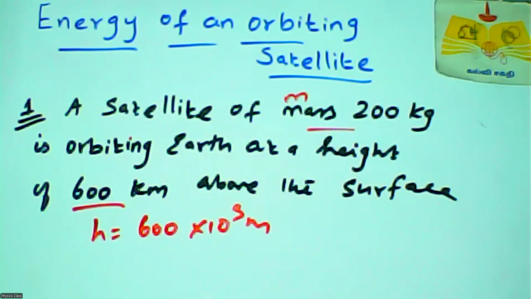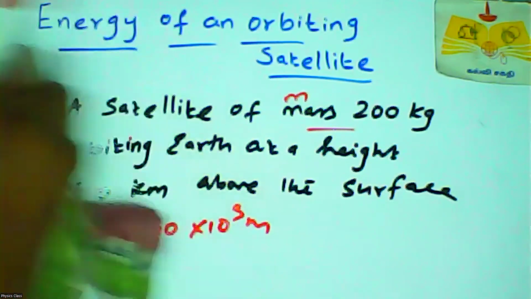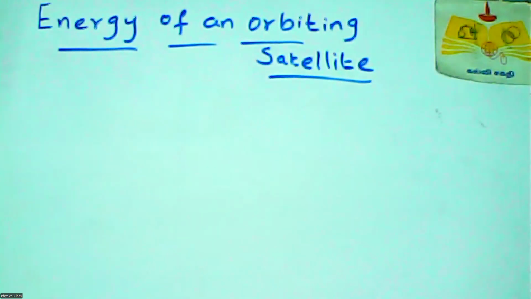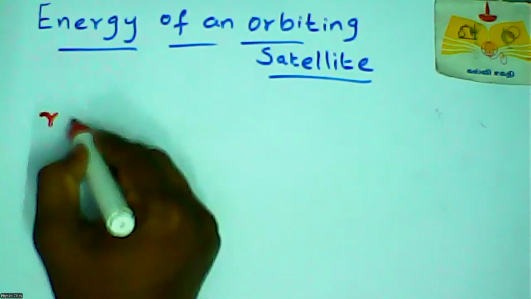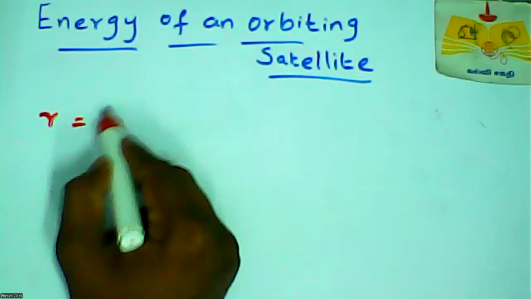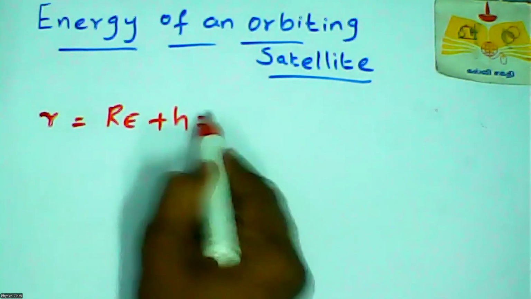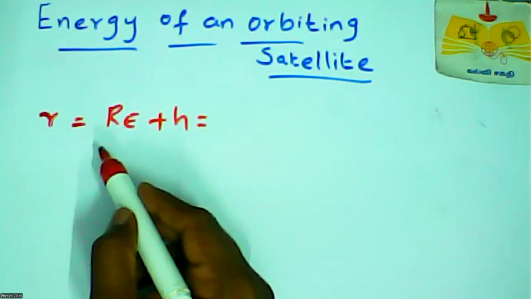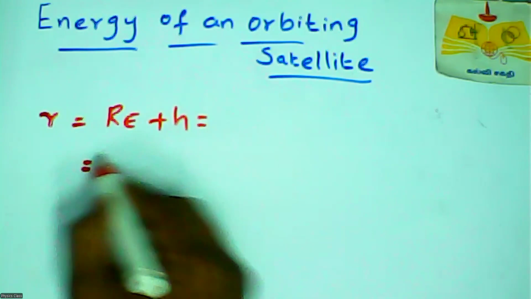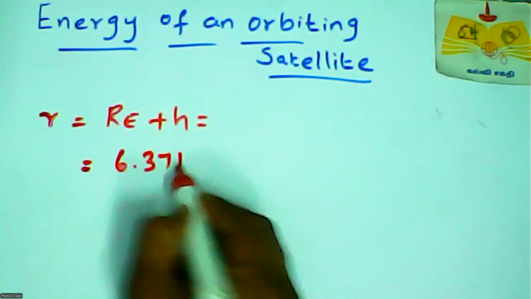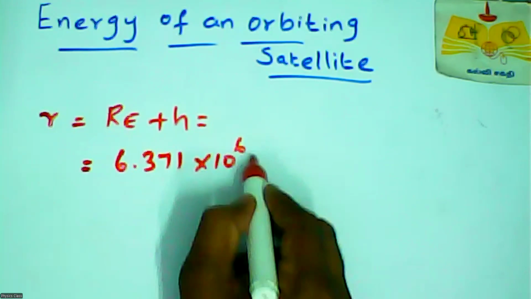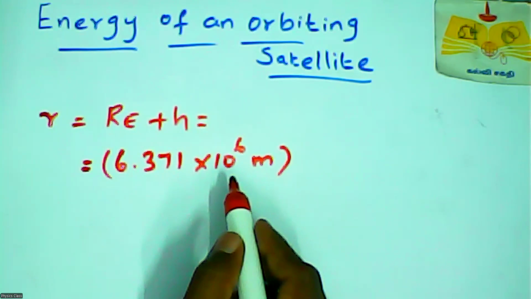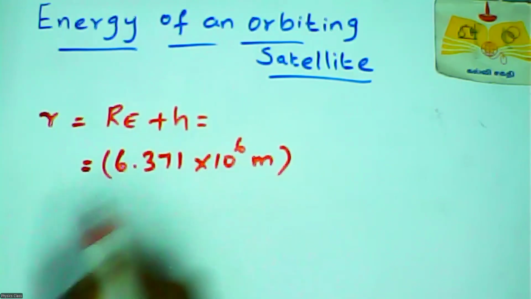First of all, the orbital radius. Orbital radius means the radius of the Earth plus h, the height of the satellite from the surface. So orbital radius R is equal to Re plus h. Already we know the radius of the Earth is 6.371 into 10 power 6 meter. This is the exact value. In some books, you can see 6,400 for rounding off.